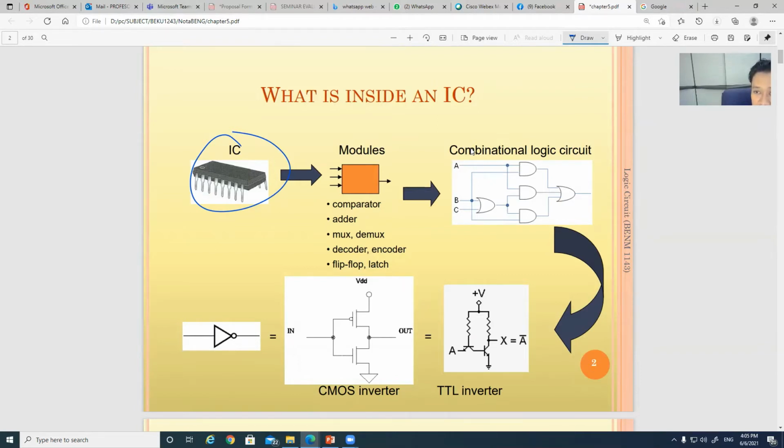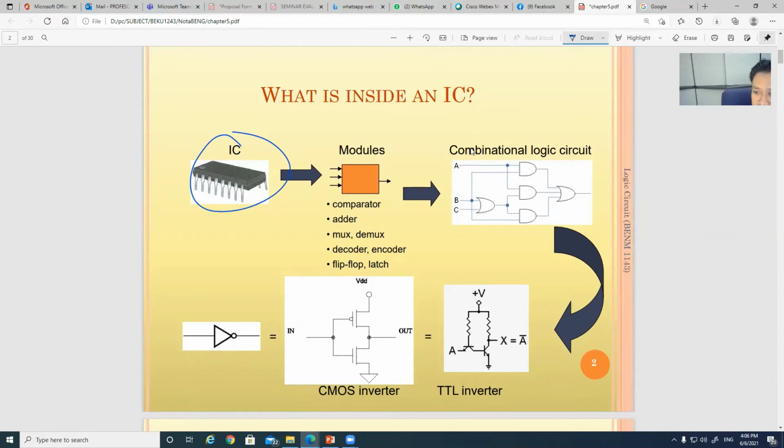We call these modules inside the IC. They come from the conventional logic circuit. For example, inside the comparator or the adder, we have a combinational logic circuit to perform the operation of the module.